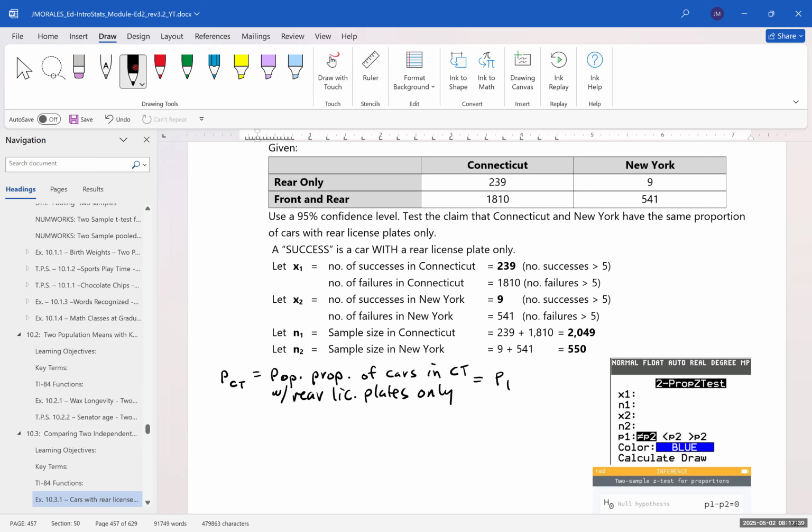Now, we took a sample from this population, and that's composed of the number of successes over the total sample size. If rear license plates only are considered a success, then X1 is going to be this value of 239.